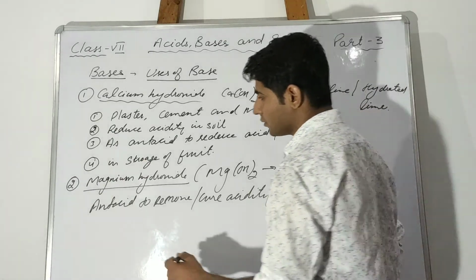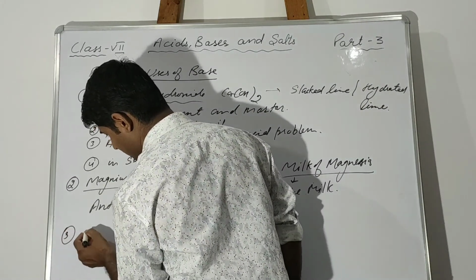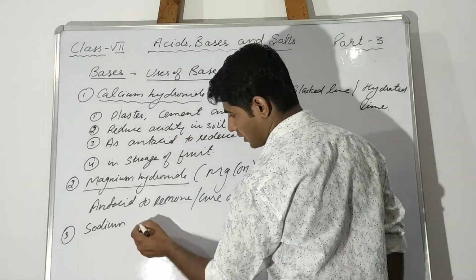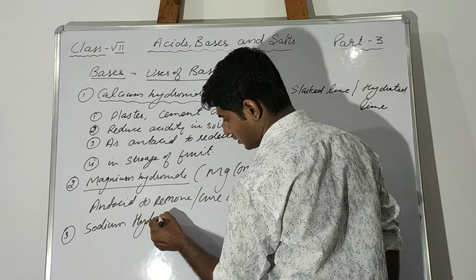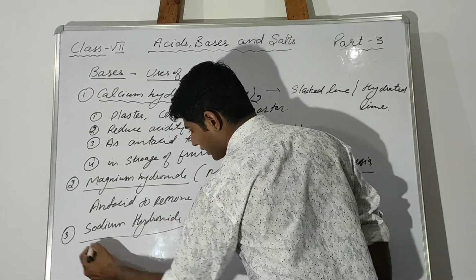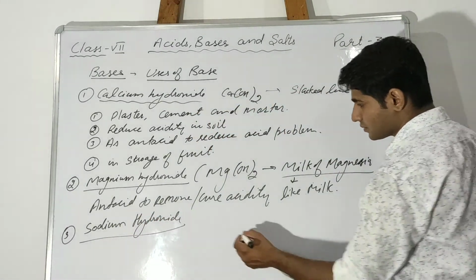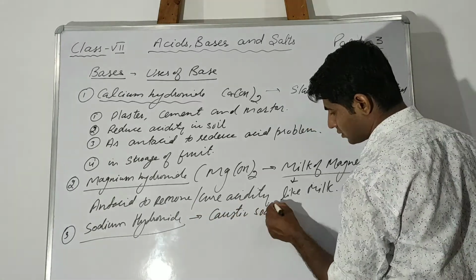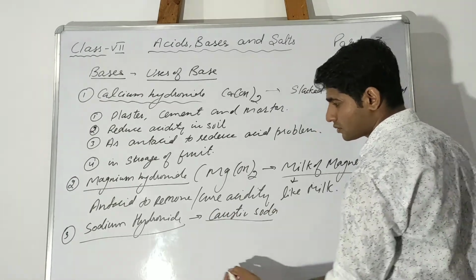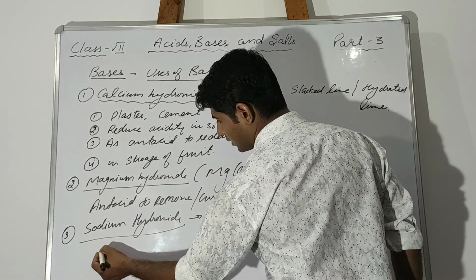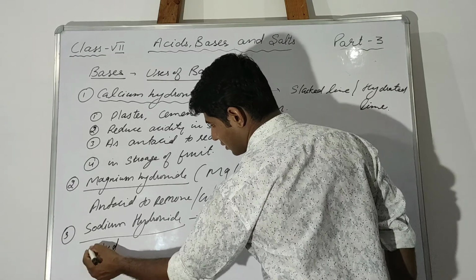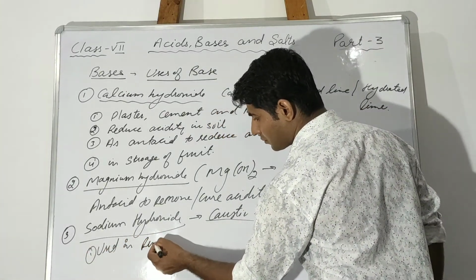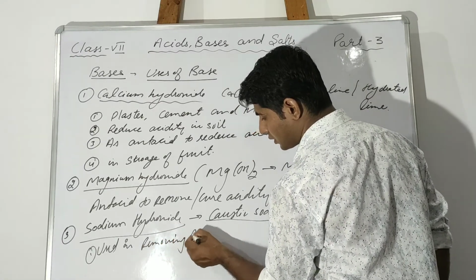Then we have sodium hydroxide. Sodium hydroxide is also known as caustic soda. So sodium hydroxide is used in removing the rust from steel.